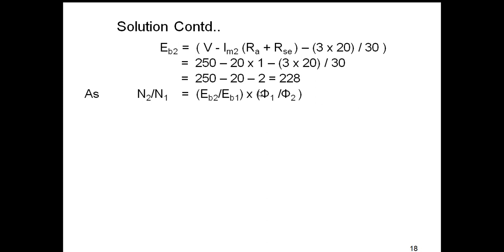From the equation EB is equal to PZNP by 60A, we can write N2 by N1 is equal to EB2 by EB1 into phi 1 by phi 2.